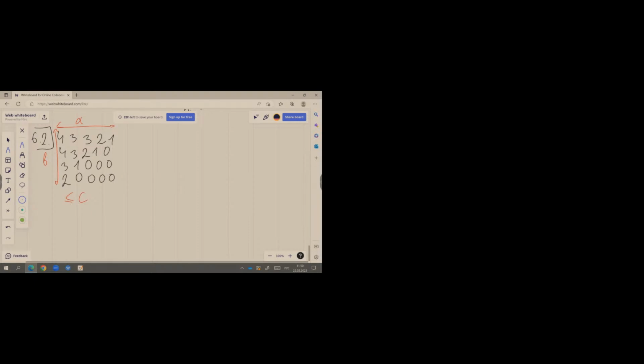So the first floor looks like this. 1, 2, 3, 4, 5.